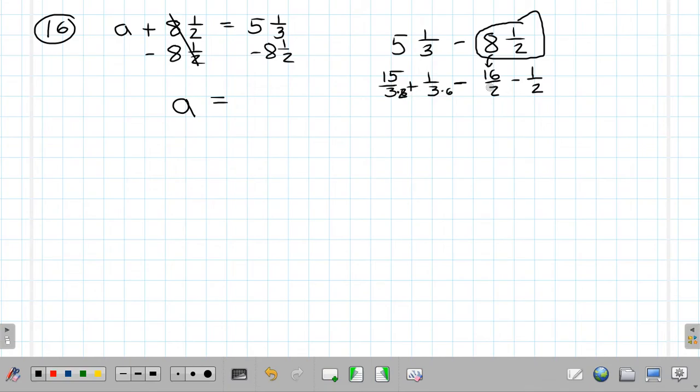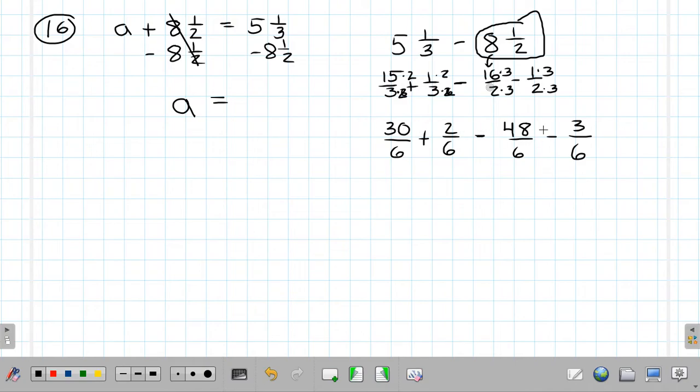So we have to multiply this times 2, this times 2, this times 3, this times 3. But if we do that, then that has to be times 3, that times 3, that times 2, that times 2. So we get 30 over 6 plus 2 over 6 minus 48 over 6 minus 3 over 6.